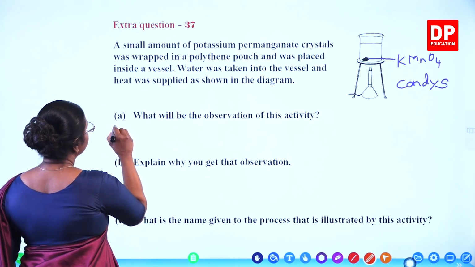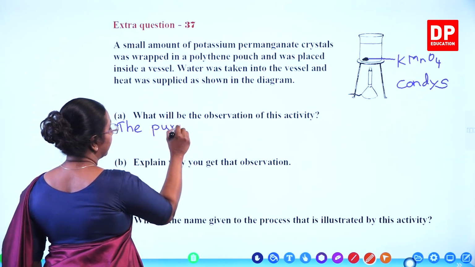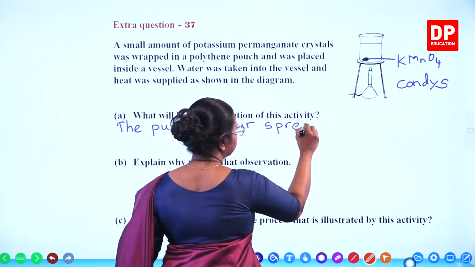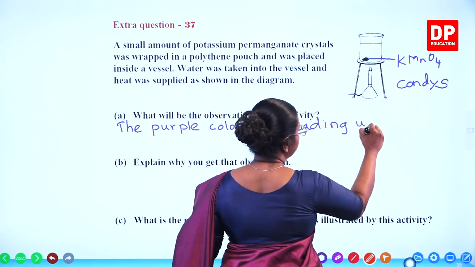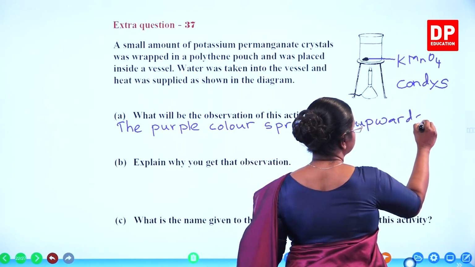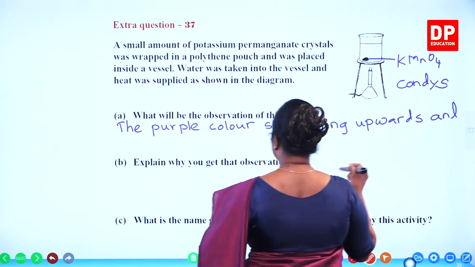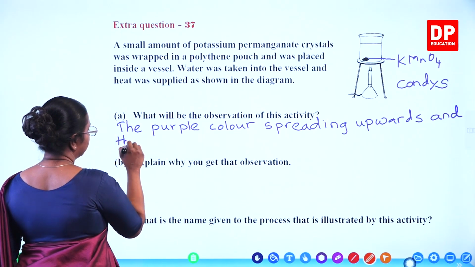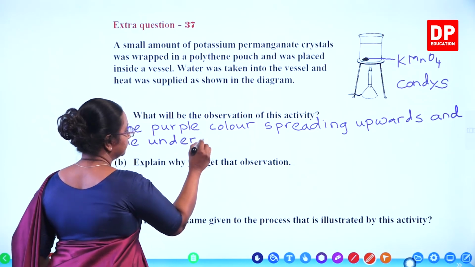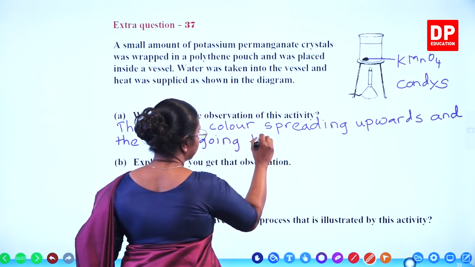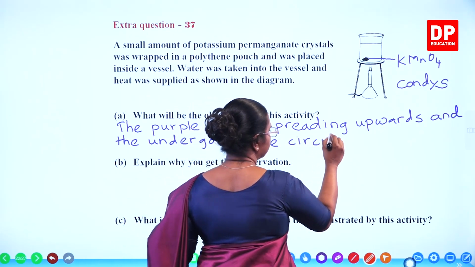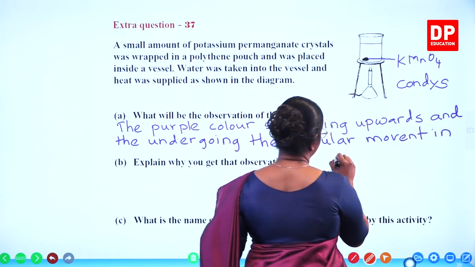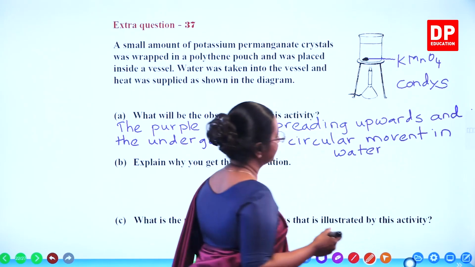So you can say the purple color spreading upwards and then undergoing the circular movement in water. That is what you will observe.